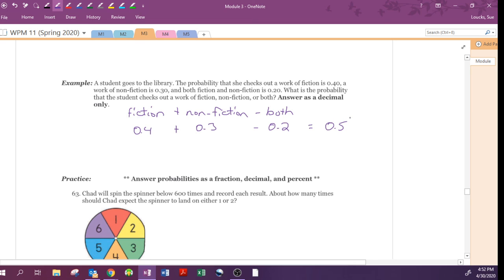Okay. Yeah, that's not a great example because, I mean, she's picking multiple books, but the process works, okay? You do that, it's the probability of one plus the probability of the other minus the probability of both. Okay? Do your practice and I'll see you on page 19.